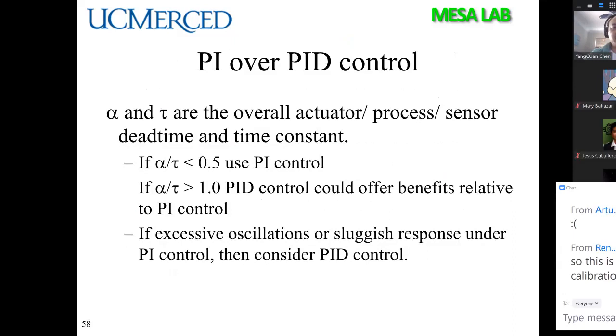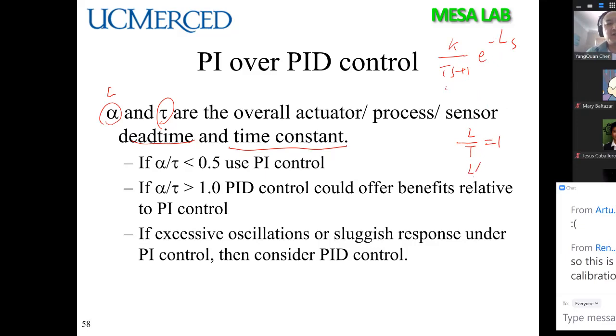But for PI versus PID control, it also depends on your dead time and time constant. Tau is usually used as the time constant, and dead time is alpha, but I usually use L. Remember, our system is K over Ts plus 1 times e to the minus Ls. So this is talking about L divided by T. If L over T equals 1, the delay is equivalent to the time constant.